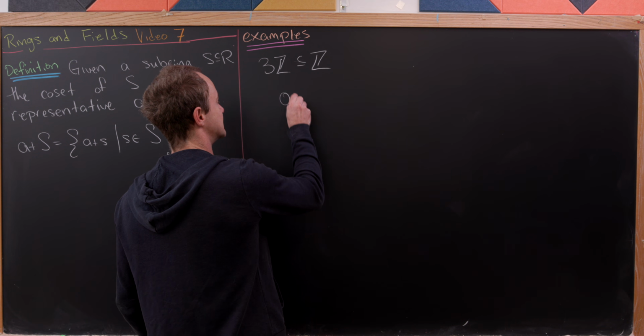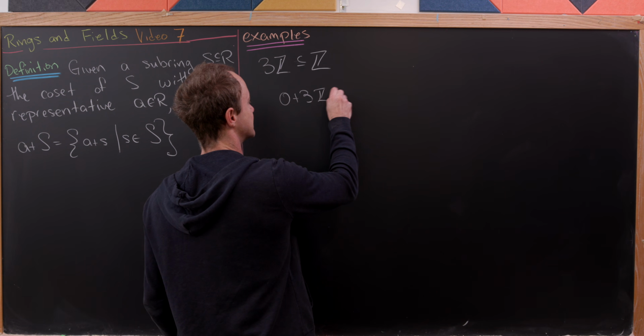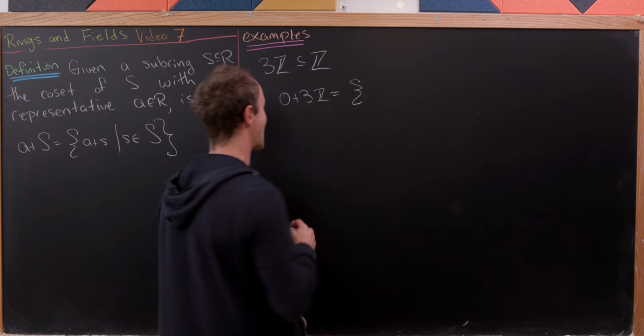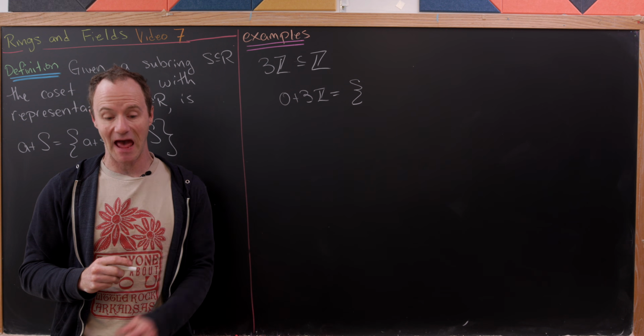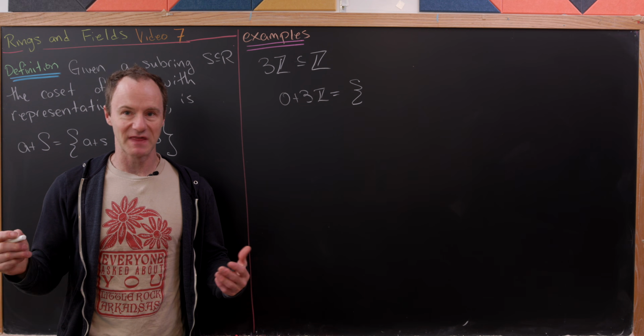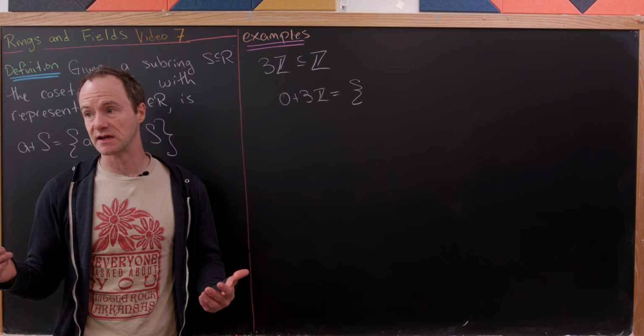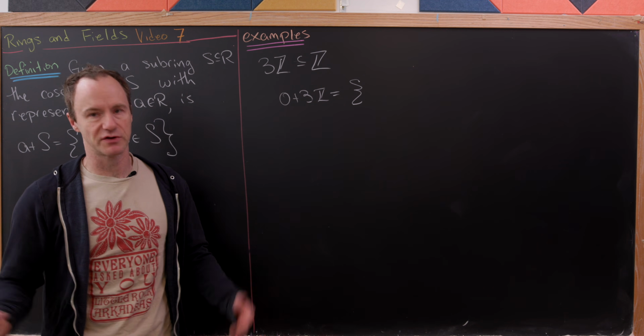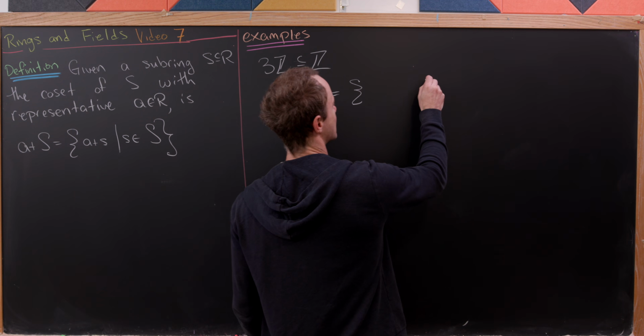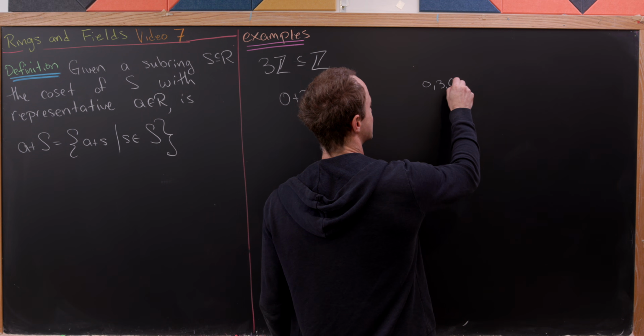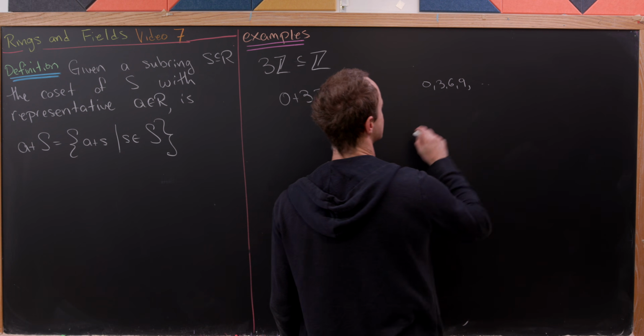We could look at 0 plus 3Z. That means we're going to take every element of 3Z and add 0 to it. Notice that's not going to change any of the elements of 3Z. We're still just going to have all multiples of 3. So maybe we would start here in the middle, 0, 3, 6, 9, so on and so forth.